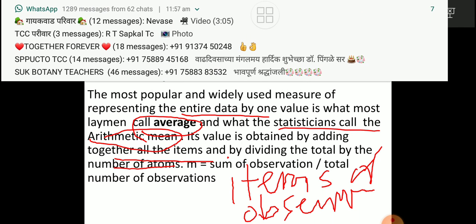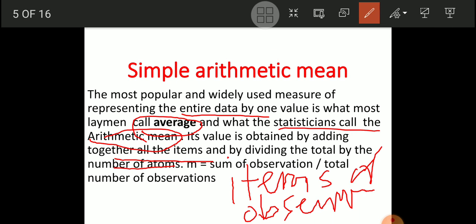So we have to take the weight of the 100 mango fruits, sum up all these figures and divide by 100, because we have taken into consideration 100 mango fruits. And that value will be the average weight of the fruit.